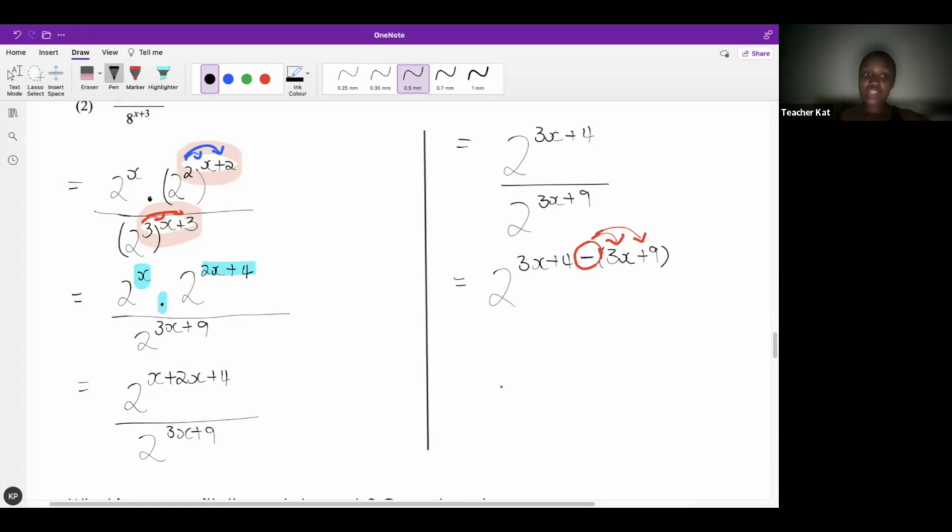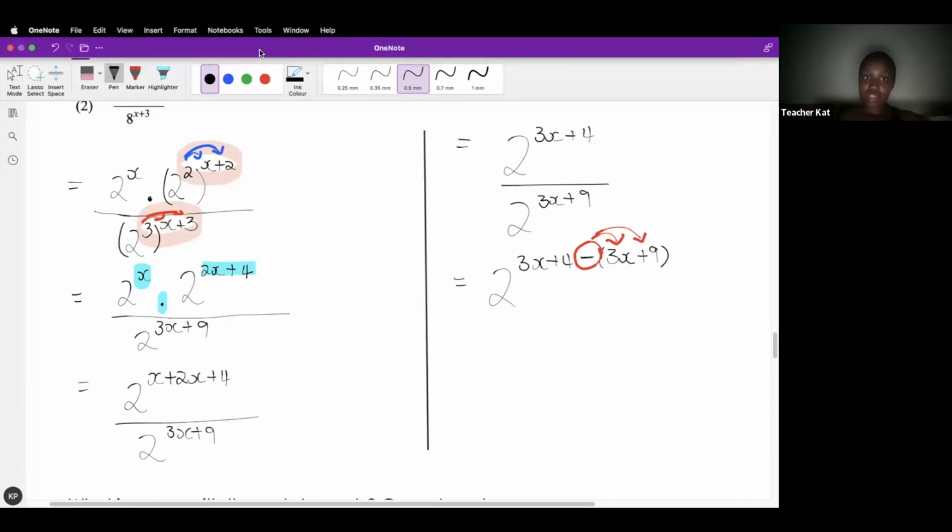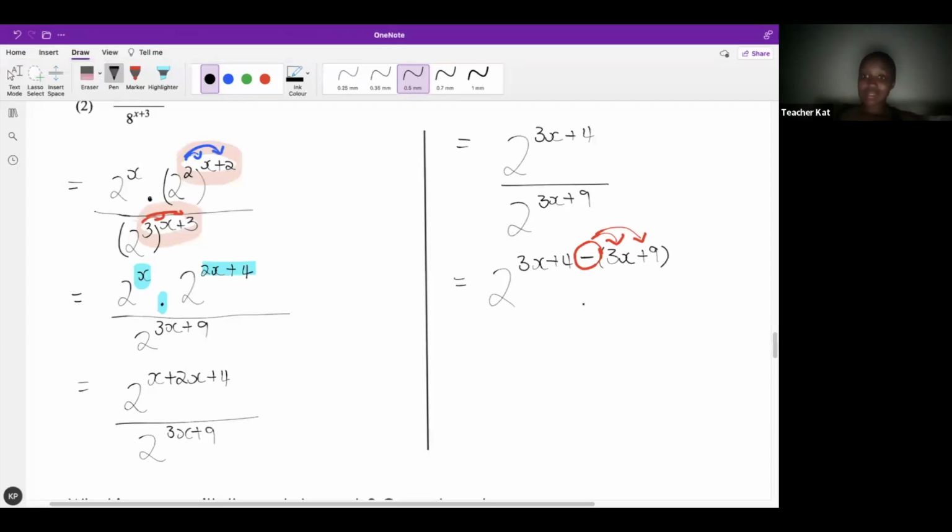So we need to be careful with minusing, okay? Does a plus change signs? If you're multiplying something with a positive, will it change the signs? No, it won't. But when you're multiplying something with a negative, will it change the signs? Yes.